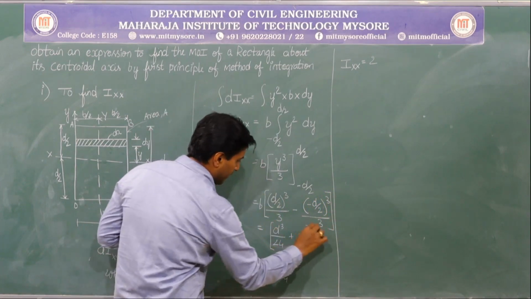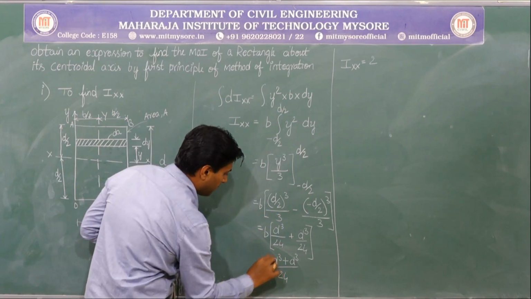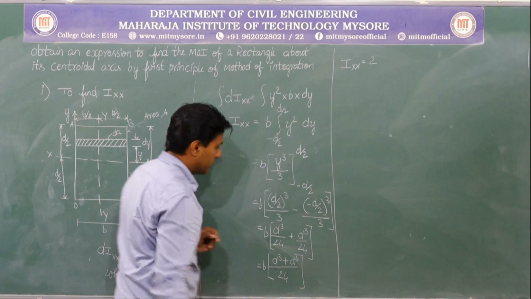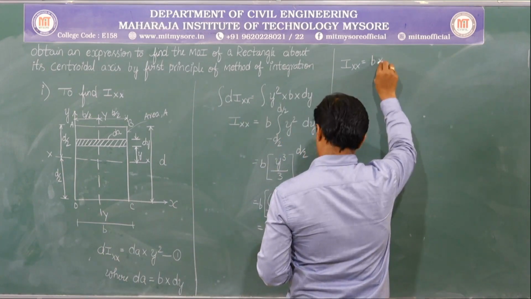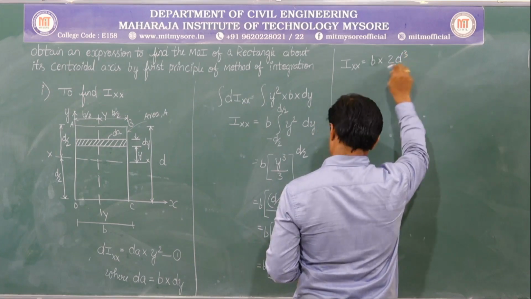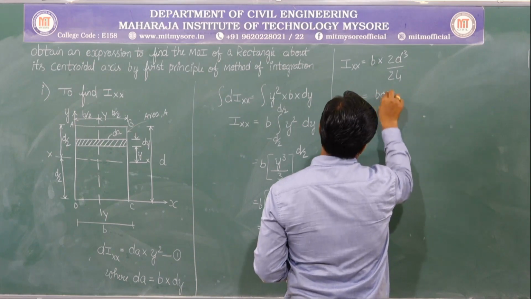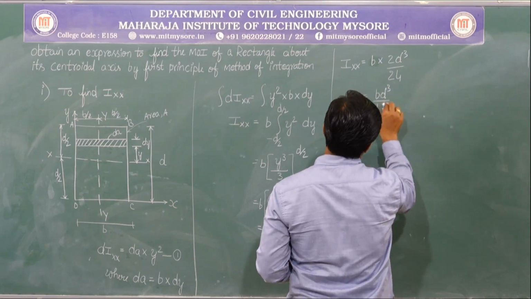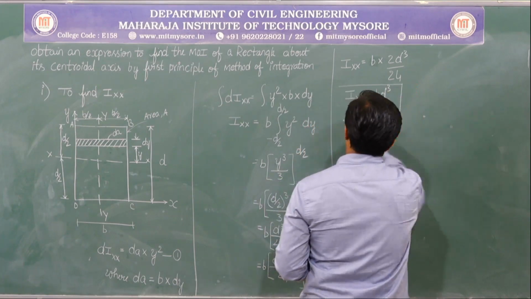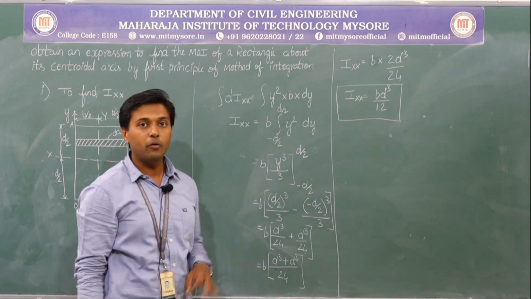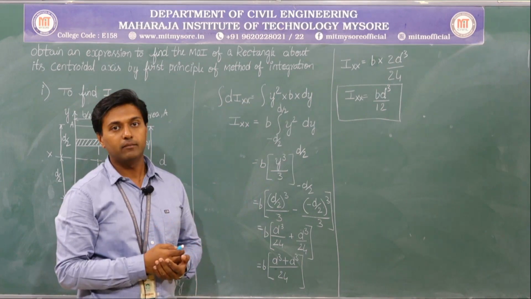So it is b into 2d cube by 24. 2 ones are 2, 12s are. So finally the answer is bd cube by 12. Please remember from now onwards, the moment of inertia of a rectangle about the xx axis is given by bd cube by 12.